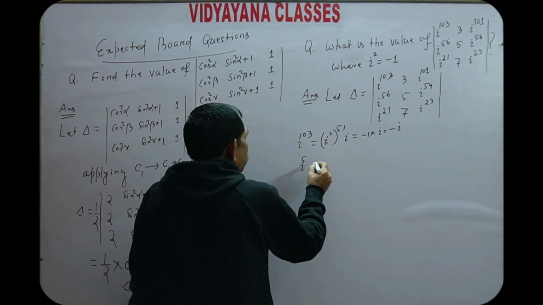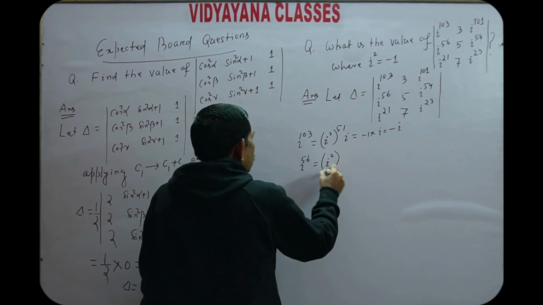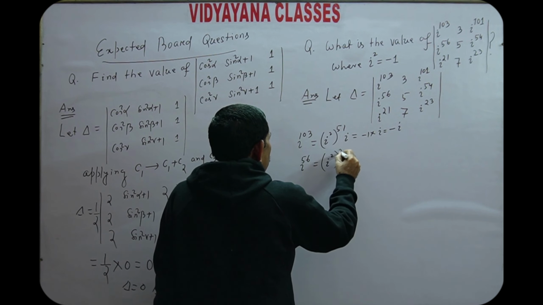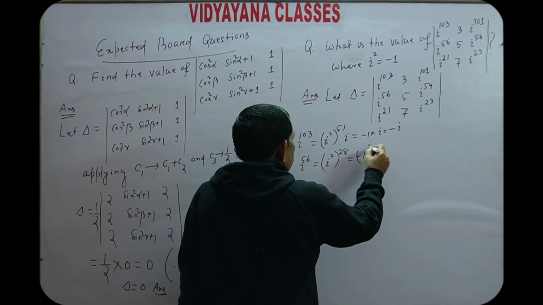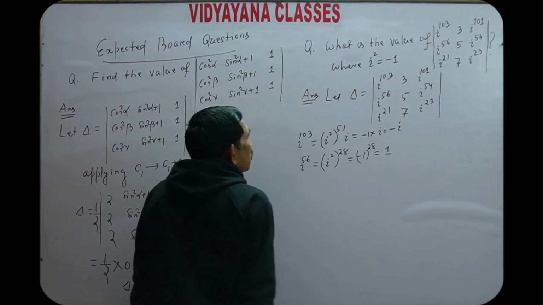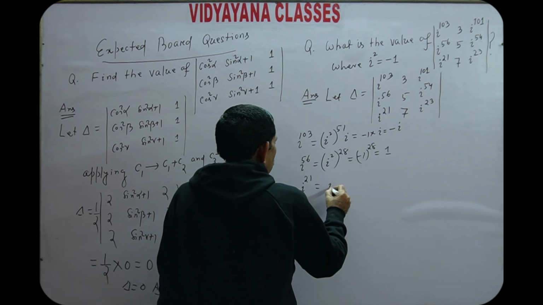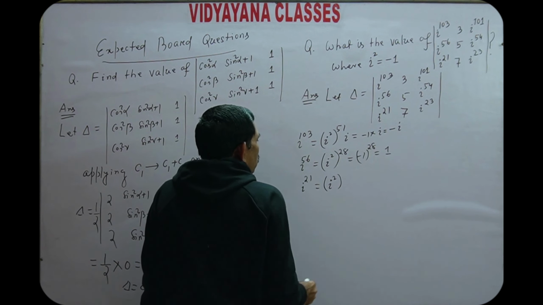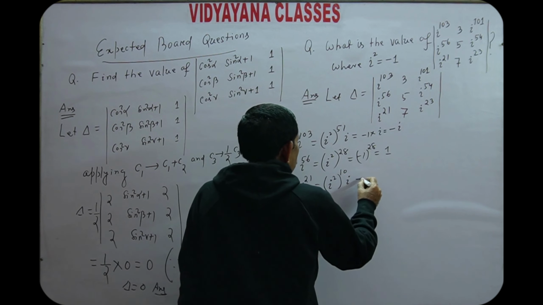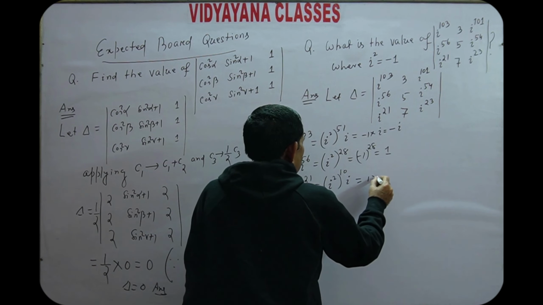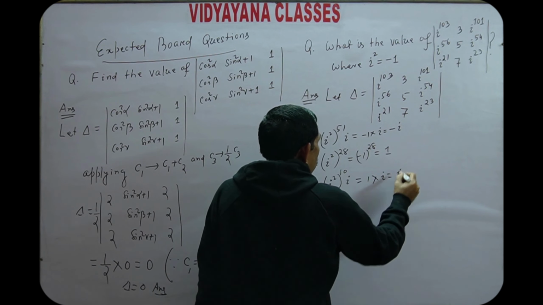Iota to the power 56, which is equal to iota square 28, which is equal to minus 1 to the power 28 is equal to 1. Iota to the power 21, which is same as iota square to the power 10 into iota, which is equal to 1 into iota is equal to iota.